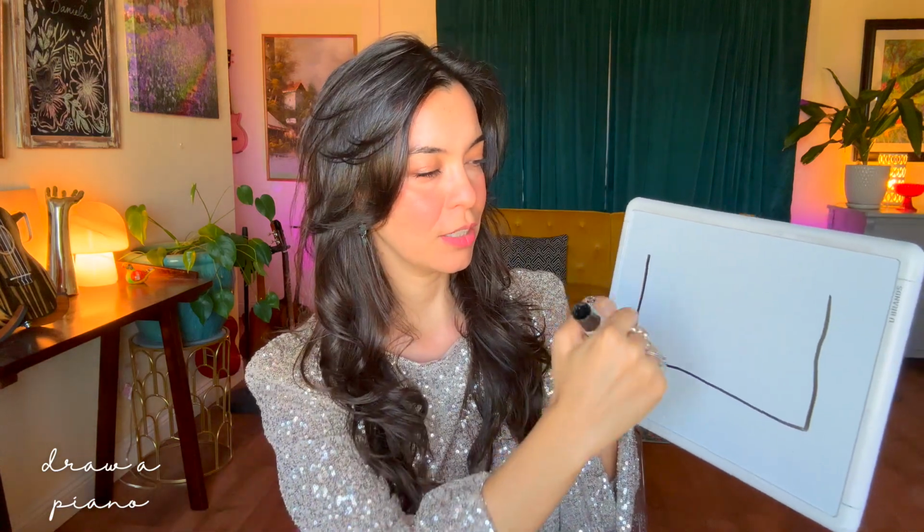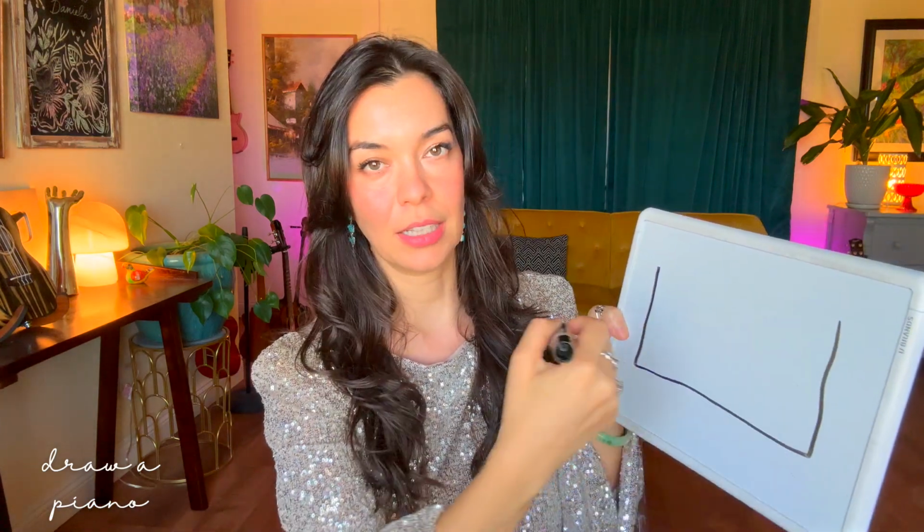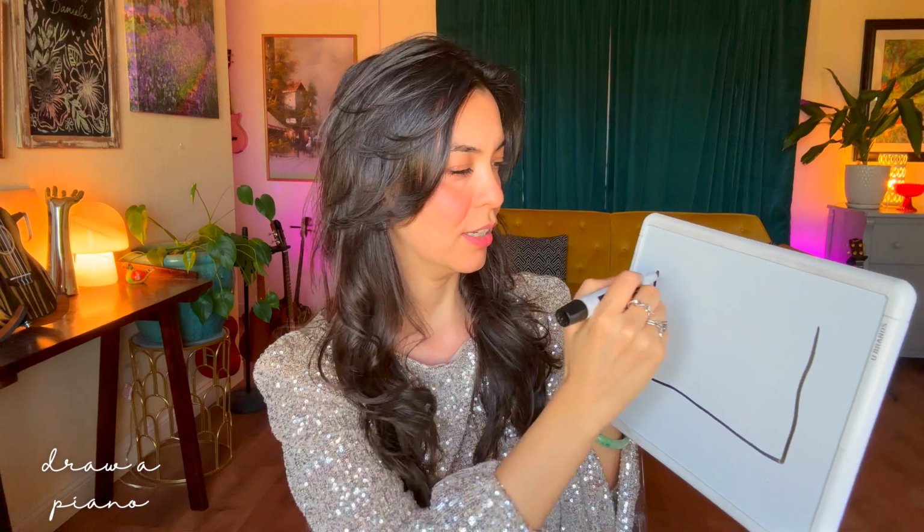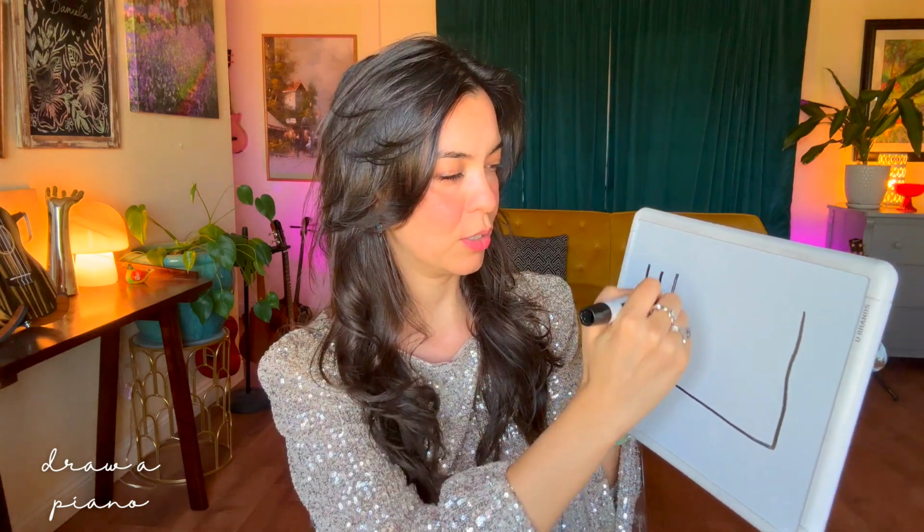Next, we learned how to draw a keyboard. So I'm going to do it here in real time so that we can do it together. So you just draw a big rectangle like this. I tend to draw them open. And we need some lines here, and as long as you have 8, that's great. So I'm going to go ahead and start drawing my lines.